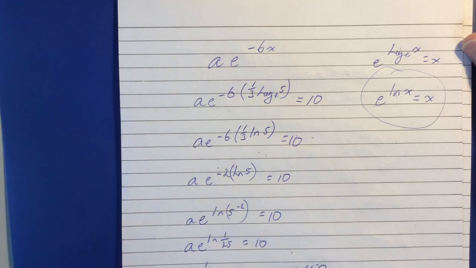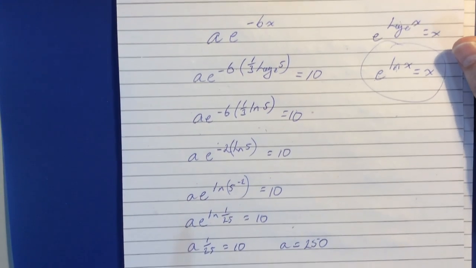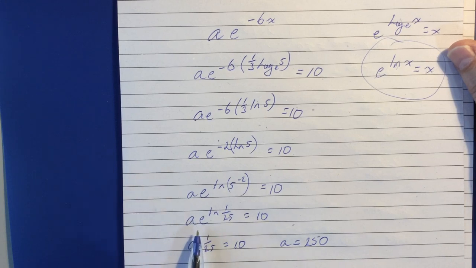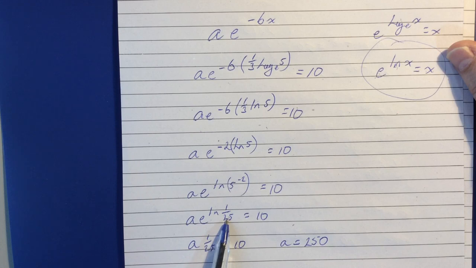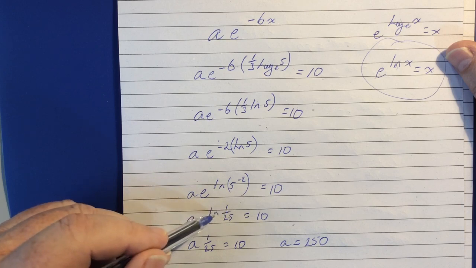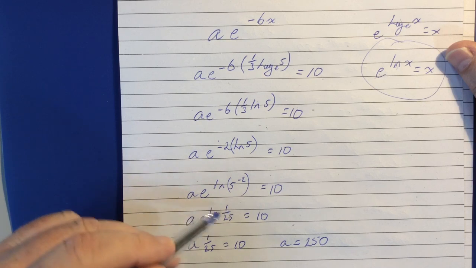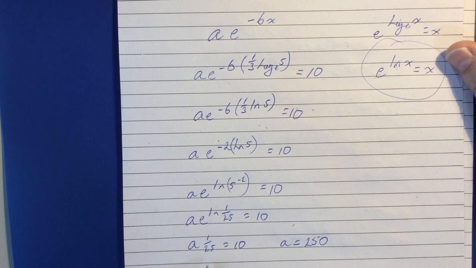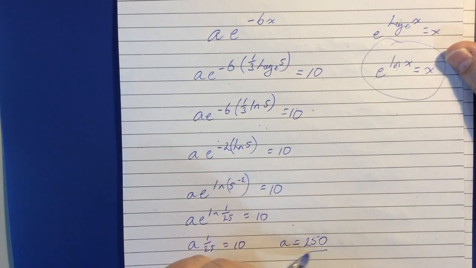It's your choice. I did this first, and this is what I've got. So a e to the log of 1/25 is equal to 10. Well, we can put a line through this and rewrite this as a times 1/25 is equal to 10. It doesn't take much work to get from here to our answer, which is a equals 250.